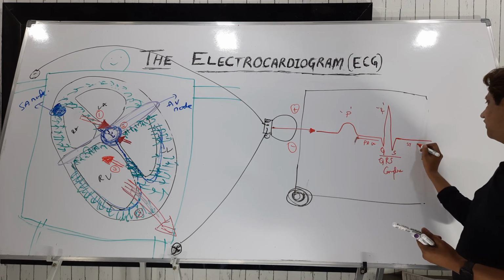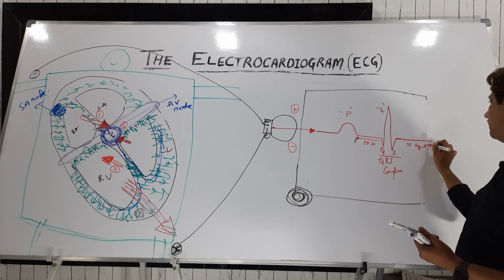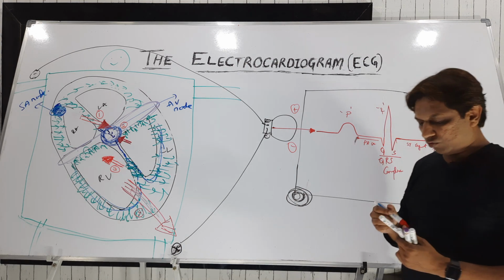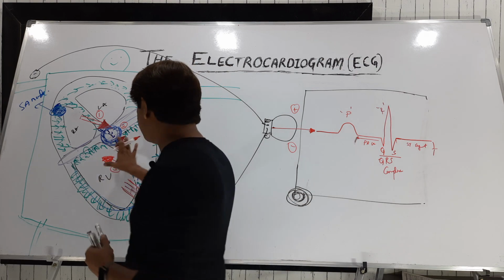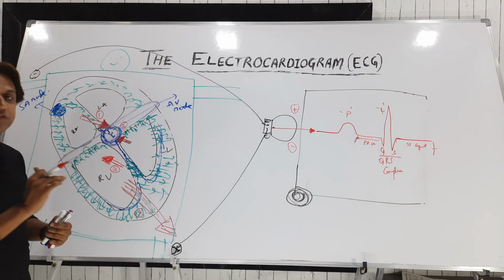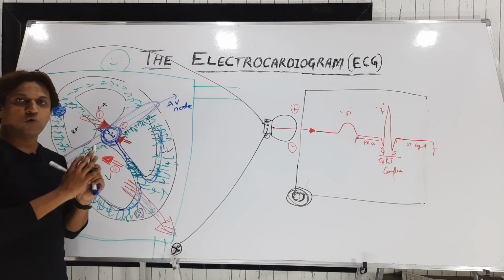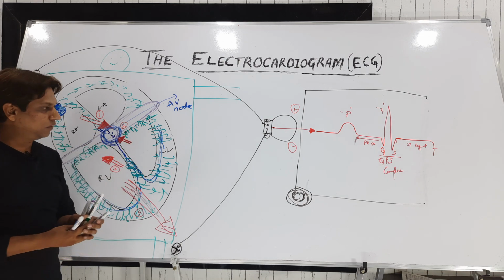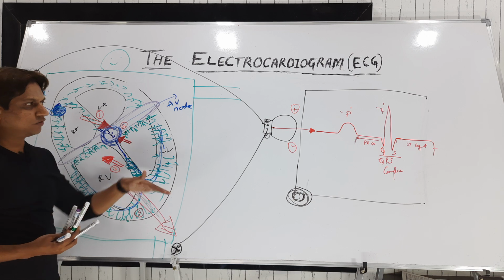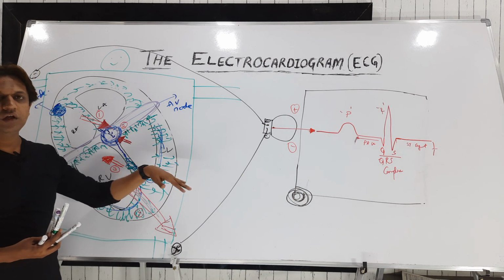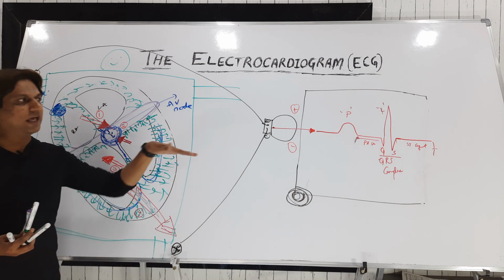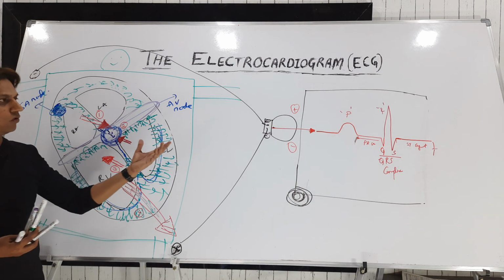What does the ST segment signify? The whole ventricular myocardial muscle is depolarized, and there is no net movement of charges. So there is no movement of the pointer, and it forms an isoelectric line known as the ST segment.